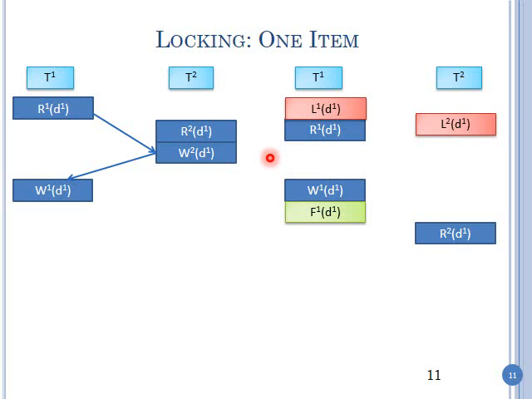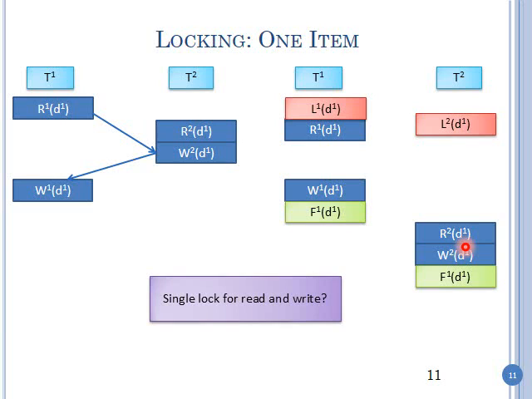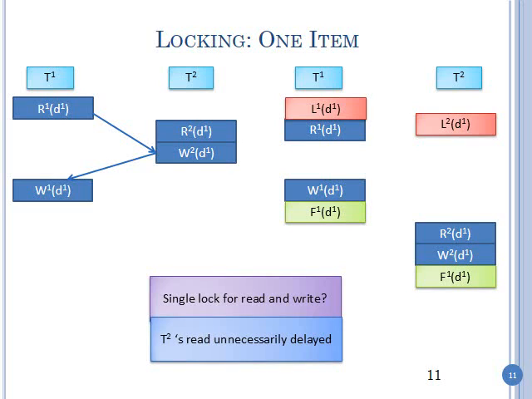As long as we serialize him after, it's these operations that are causing the problem. So my read had to unnecessarily wait. So the question is, should I have a single lock for read and write? Or maybe could I have different locks so that in this case I didn't have to wait? And just to show this more dramatically, T2's read is unnecessarily delayed.